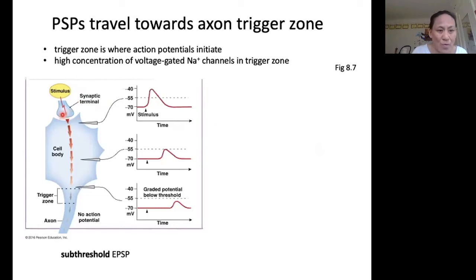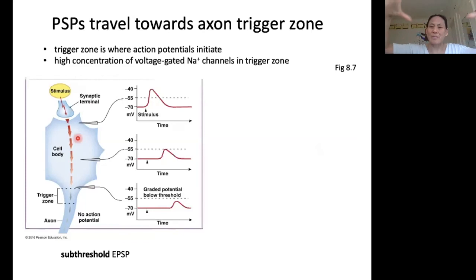We have our graded potential being formed right here in response to the neurotransmitter that has been released from the presynaptic cell. It's going to be a certain size here, and then as that PSP travels along the cell body, remember it's going to travel in all directions. It's going to spread out in all directions, just like throwing that pebble into the pond, right?